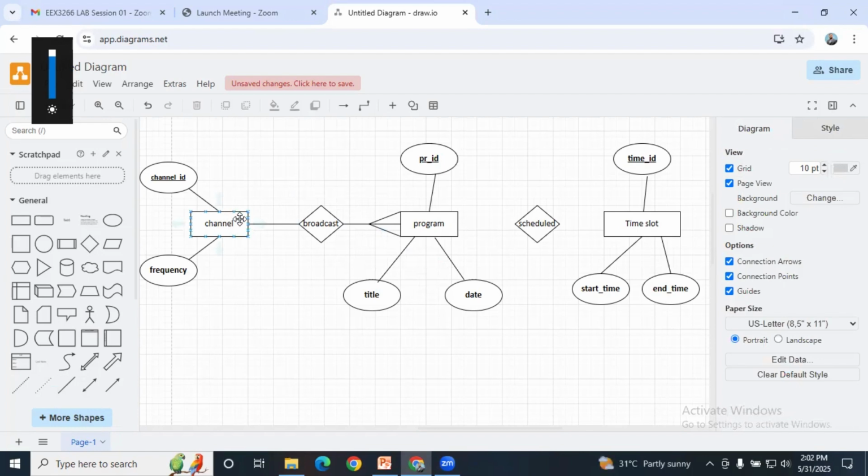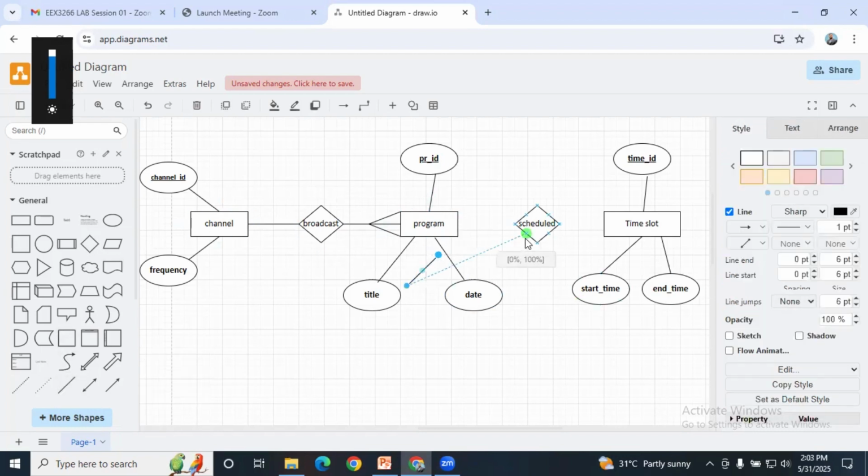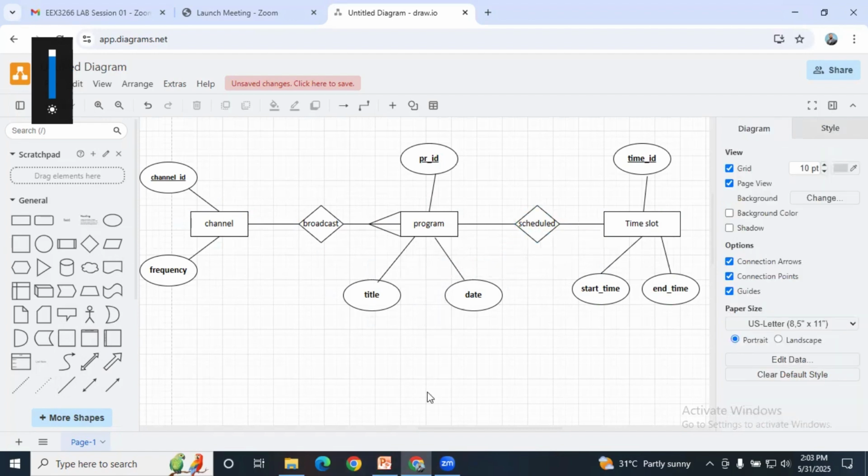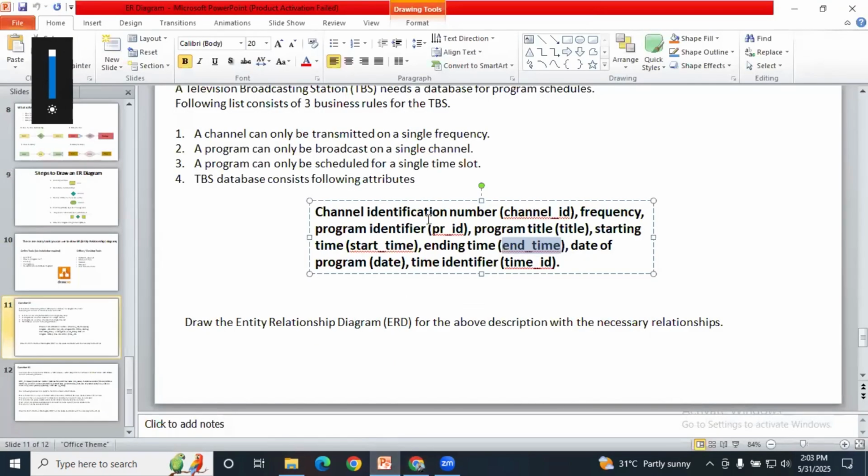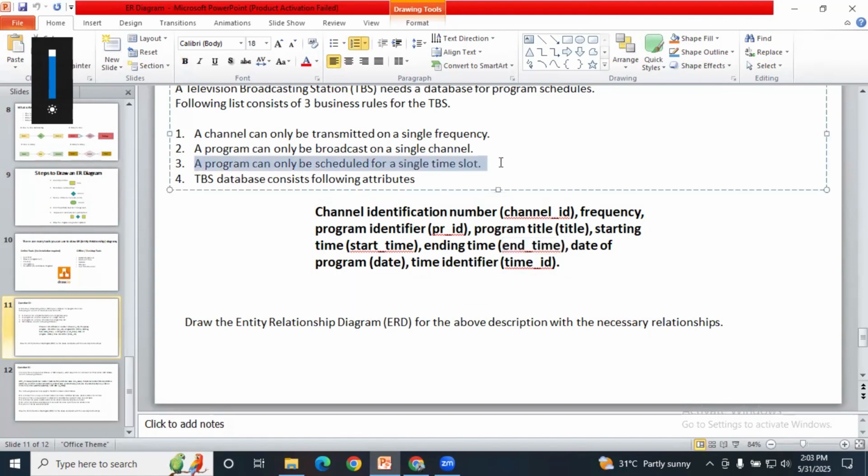A single channel broadcasts many programs. Okay. Another thing is we want to create the solid line in here to here. So tell me what is the relationship in here? They are saying a program can only be scheduled in a single time slot. What kind of relationship do you want to assign according to this line?